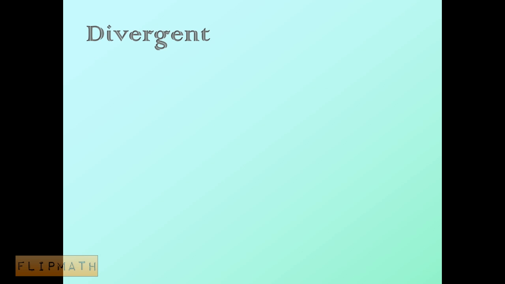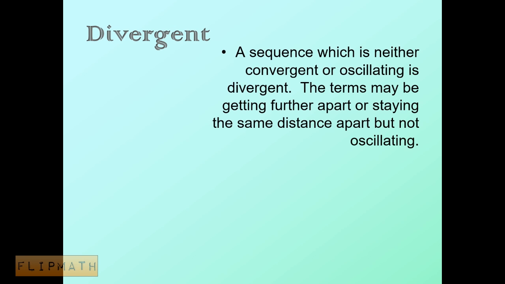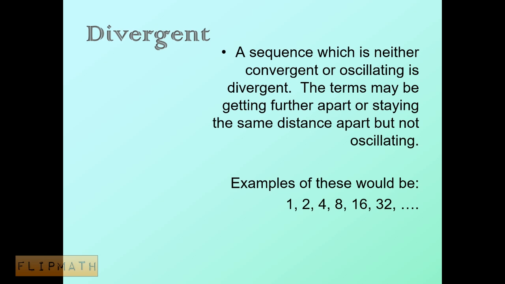The last type is divergent. You can use divergent to talk about any other series you have. In general, if it's neither convergent nor oscillating, it must be divergent. The terms may be getting further apart or staying the same distance apart, but not oscillating. Examples would be 1, 2, 4, 8, 16, 32.